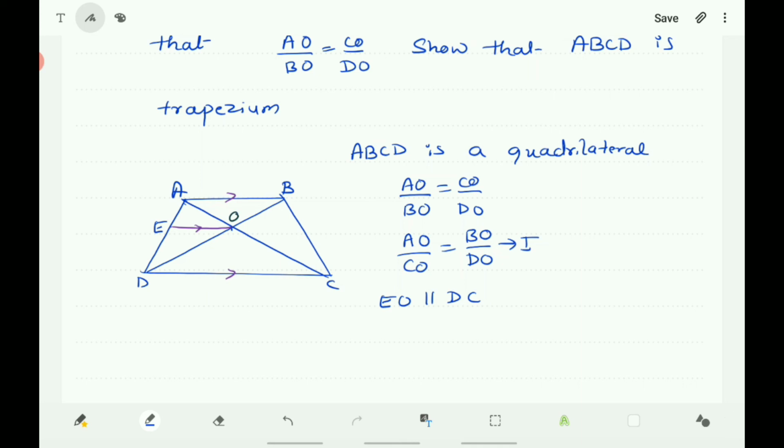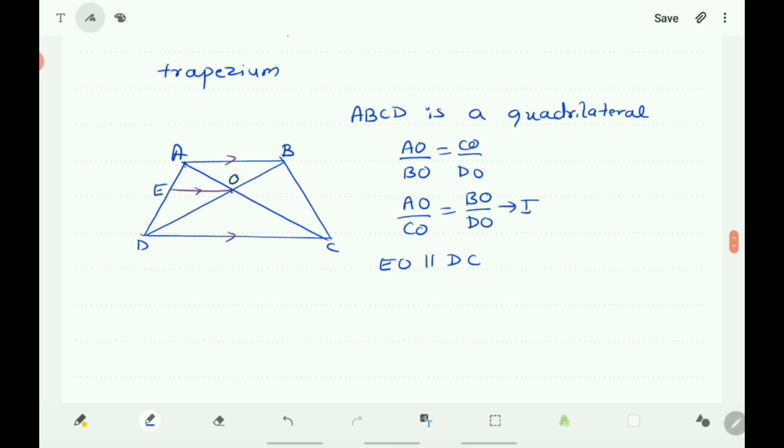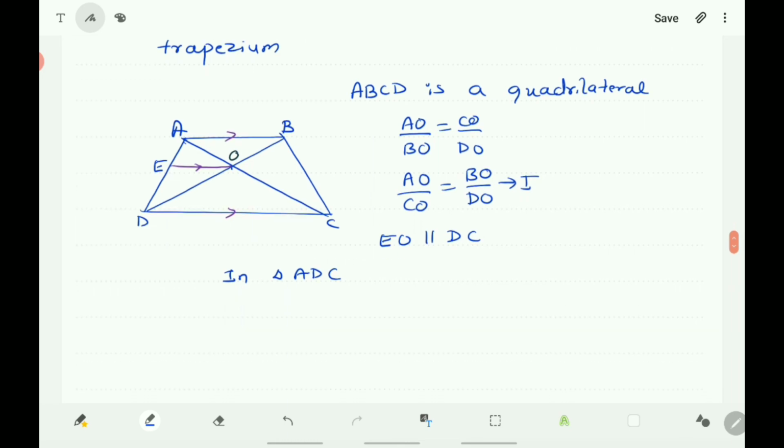Now take the triangle ADC. In triangle ADC, EO is parallel to DC. This is the construction that you have drawn here. So you must write, let us draw EO parallel to DC.